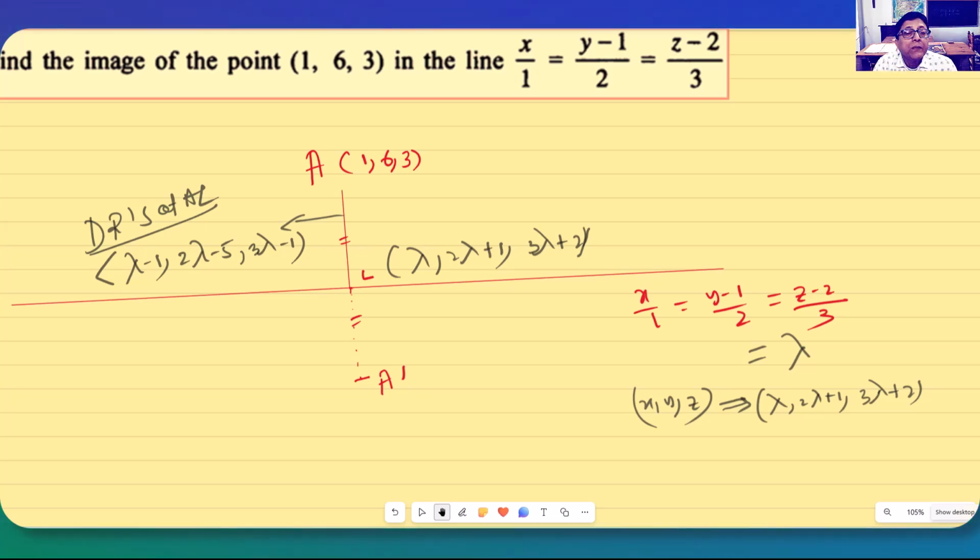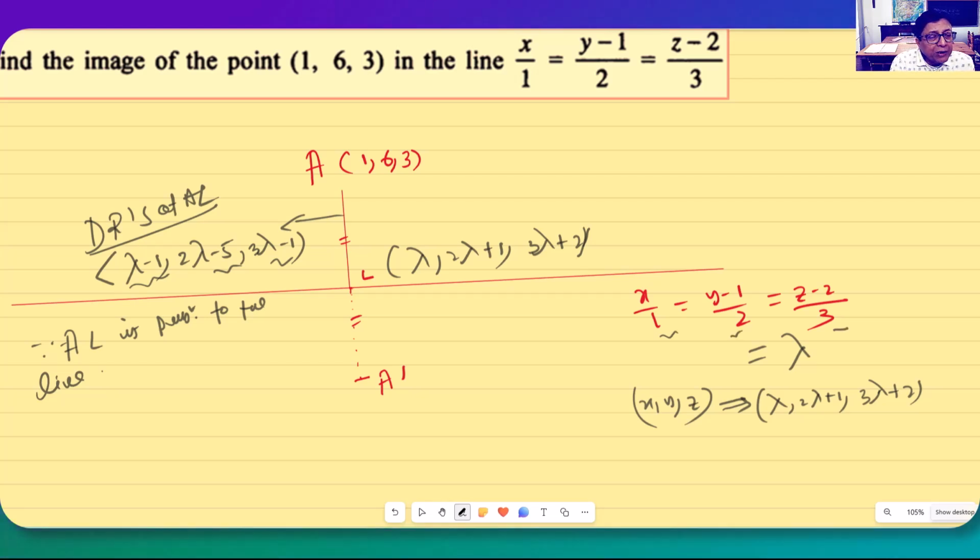Okay. Now AL is perpendicular to the given line. Since AL is perpendicular to the line given, you can use the perpendicularity condition. Direction ratio of AL is here and direction ratios of the line are over there.